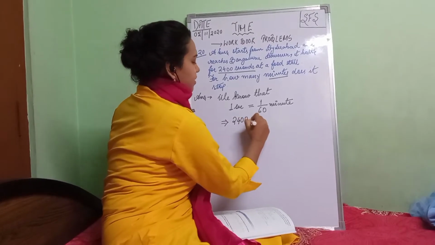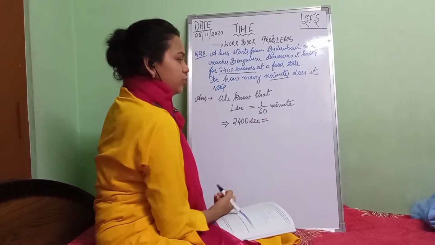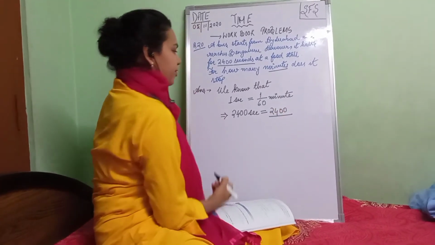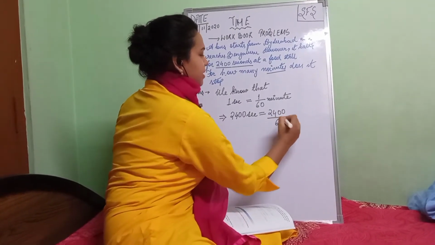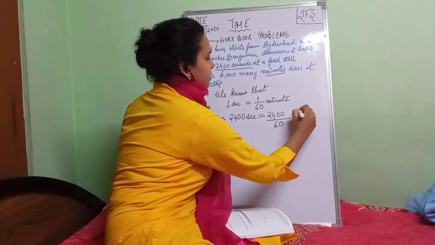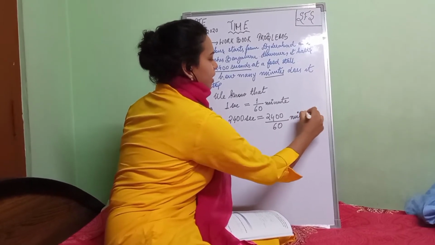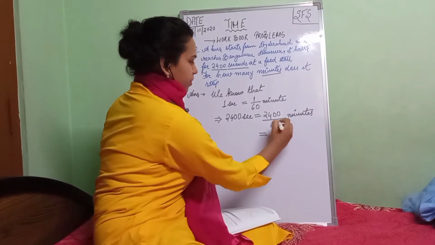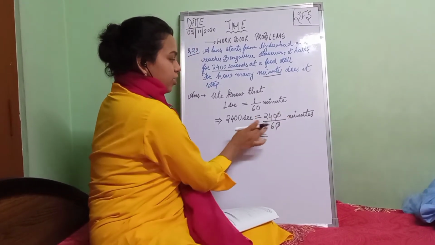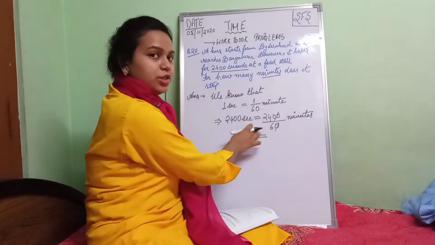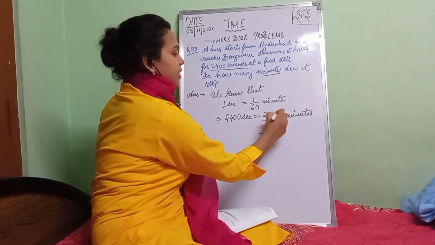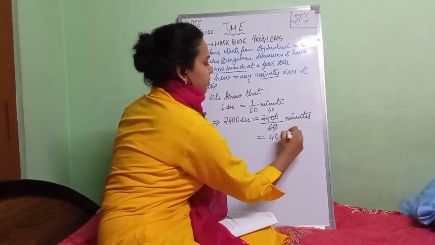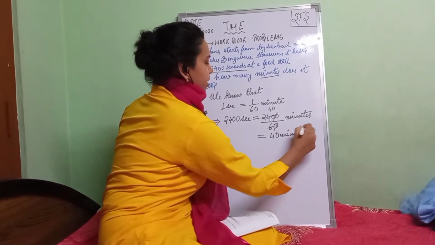That means 2400 seconds will be equal to 2400 divided by 60 minutes. Right, children? This will be equal to 4 sixes are 24. 4 into 6 is 24, right? So this can be written as 40 minutes.